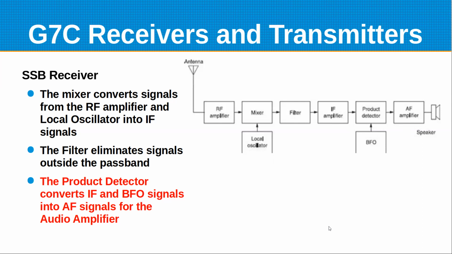So when you have a multi-mode transceiver, you've got to have the ability to switch in filters to filter upper and lower sideband. You've got to be able to switch different detectors and demodulators. You want a discriminator if you're doing FM. You've got to switch in a product detector for single sideband.